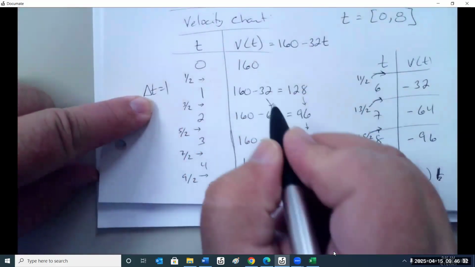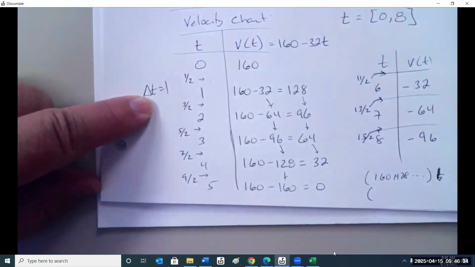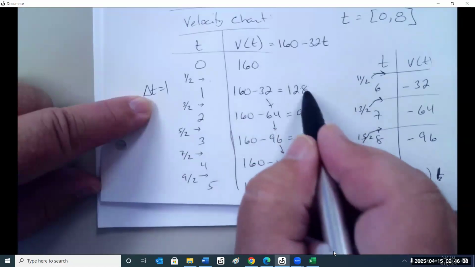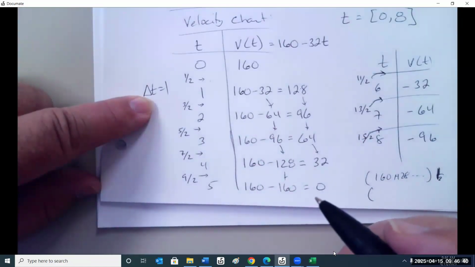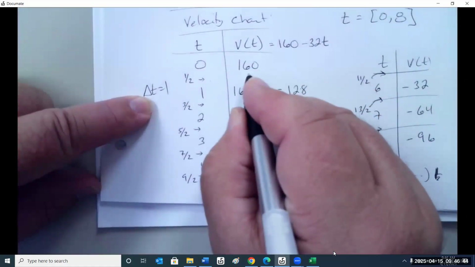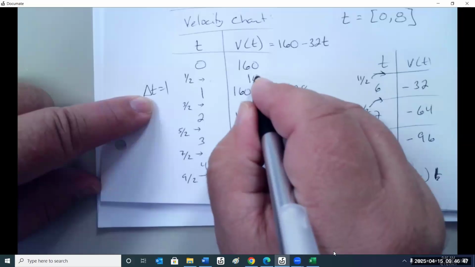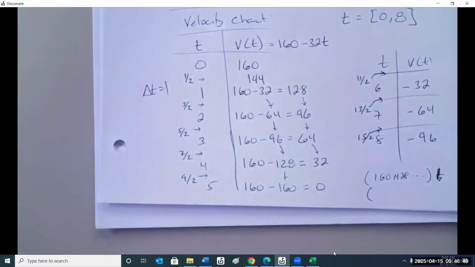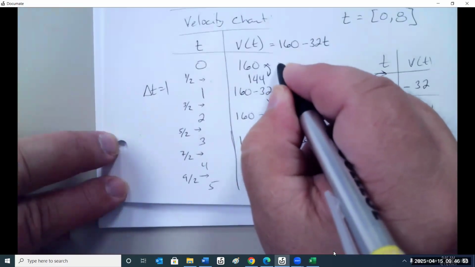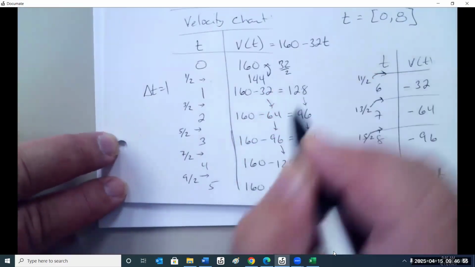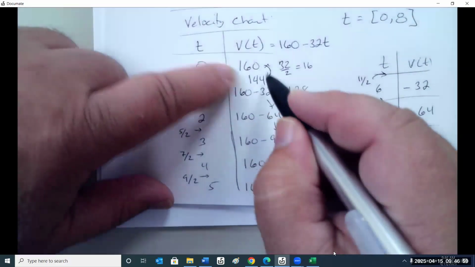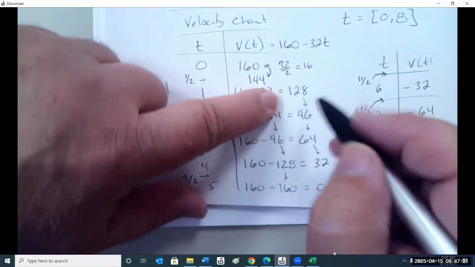So at 1/2, what do we get at 1/2? What number is halfway between 160 and 128? It's 144, because now these differences are half of 32, which is 16. So we're going to subtract 16 from each of these.